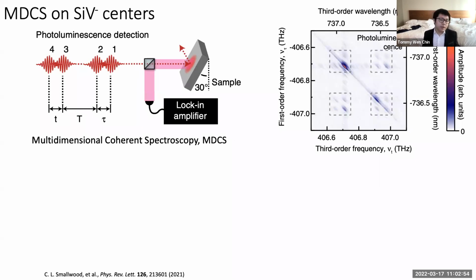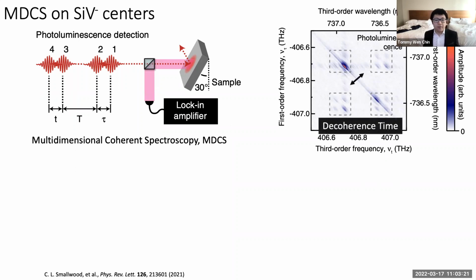We can think of MDCS as an optical version of 2D NMR. The 2D spectrum provides a whole lot more information compared to the 1D spectrum. For example, the diagonal width represents a measure of the inhomogeneity of our system.